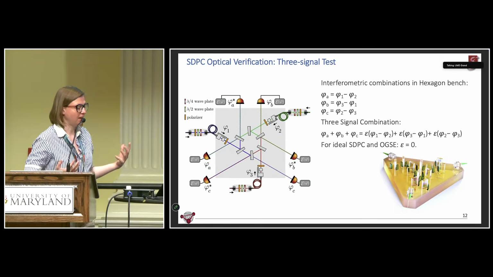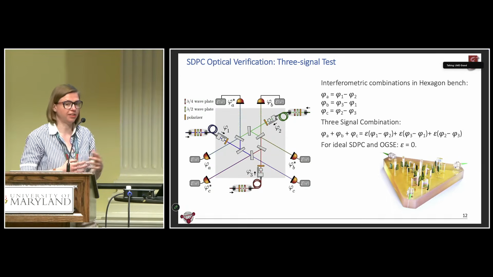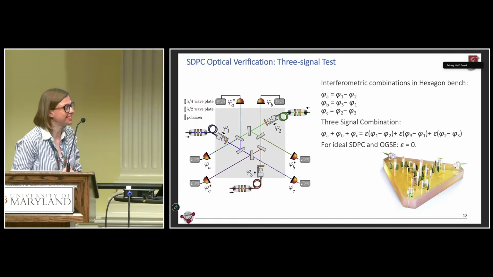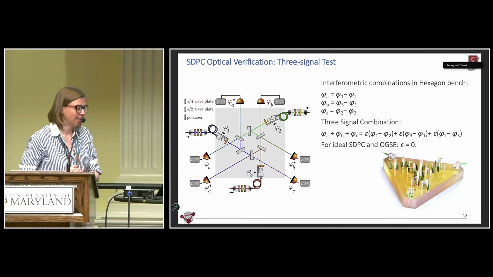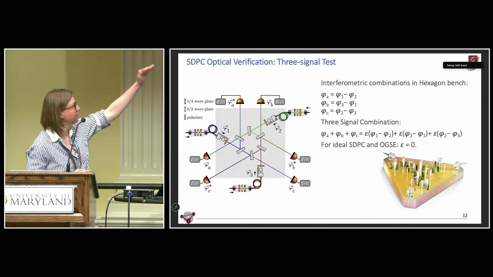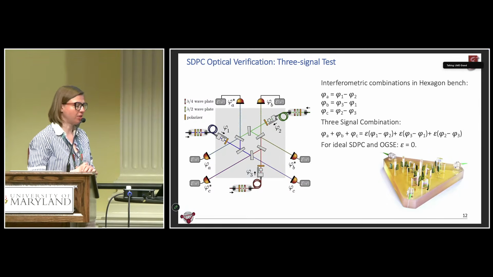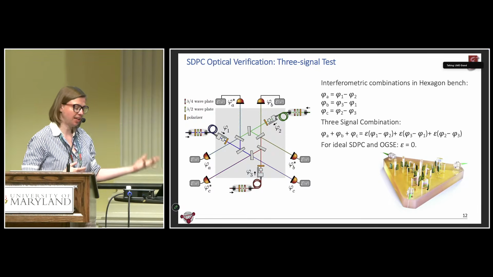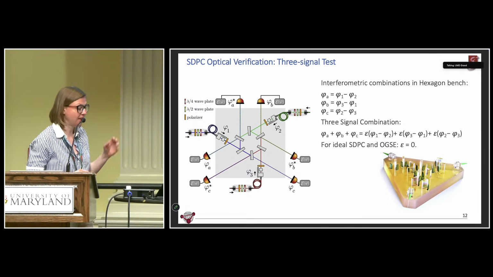Now, if we add the signals from all of those interferometers together, and we lived in an ideal world, we would end up with 0. However, we don't, and this is exactly what we want to measure. The epsilon shown here corresponds to the noise of, on one hand, our test setup, and on the other, the instruments that we want to verify.